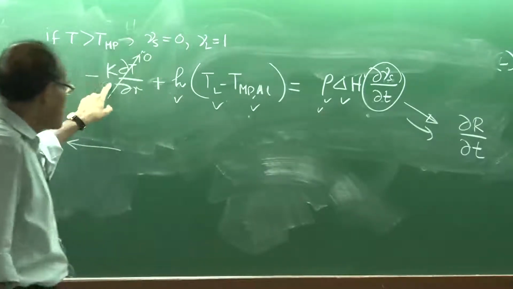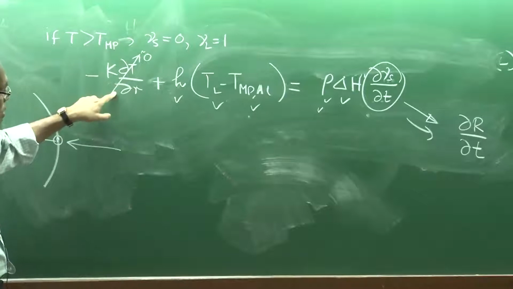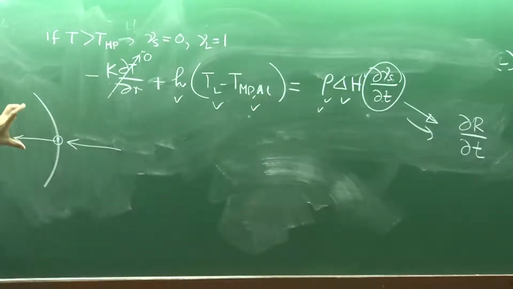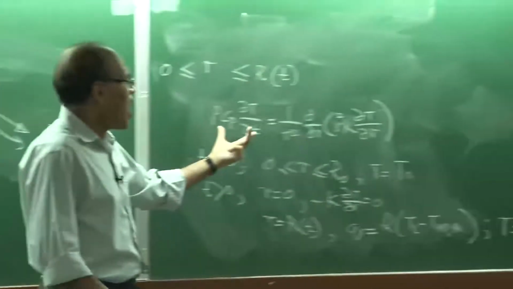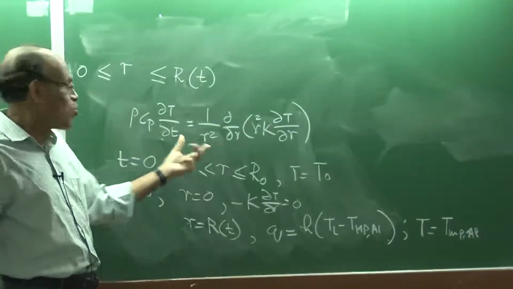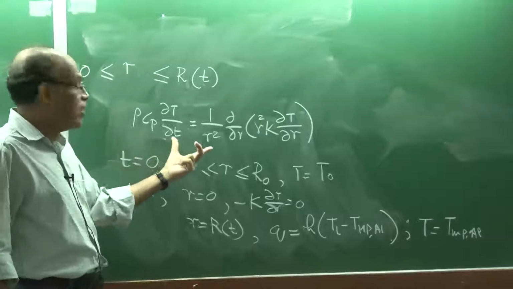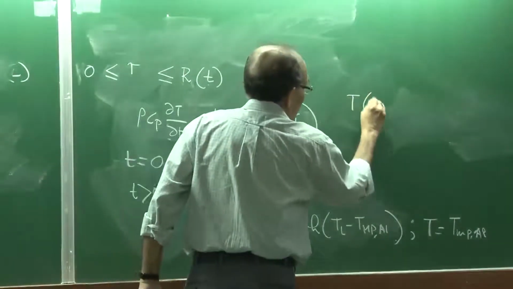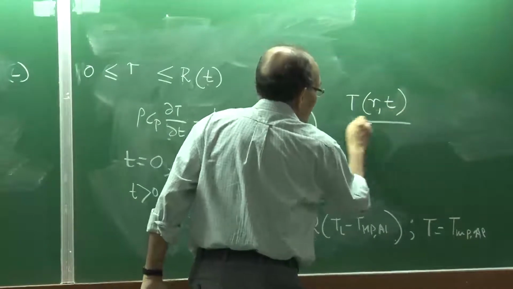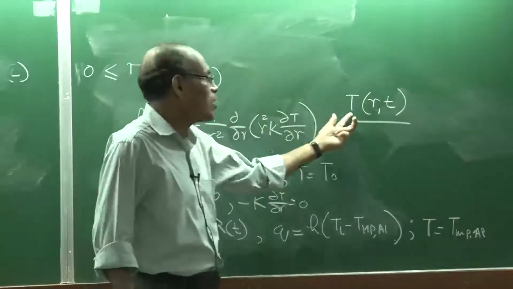When I assume this case that the solid has very large thermal conductivity, there is negligible thermal gradient. So, in that case, one can say that I do not really have to solve this equation, because what does this equation give me? This equation gives me the temperature as a function of R and T. But I am assuming thermal conductivity to be large.